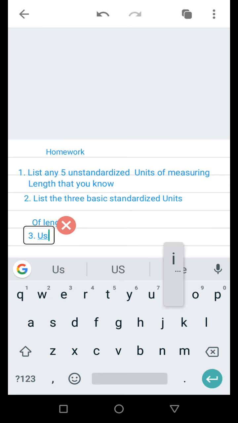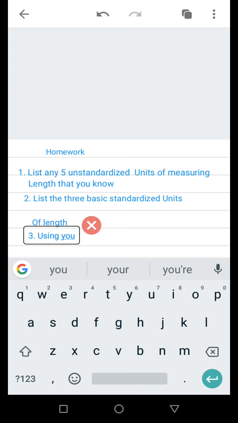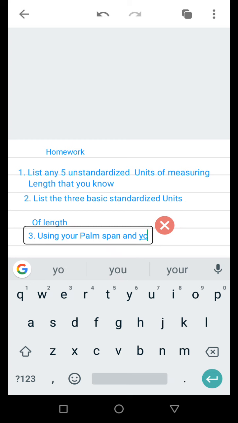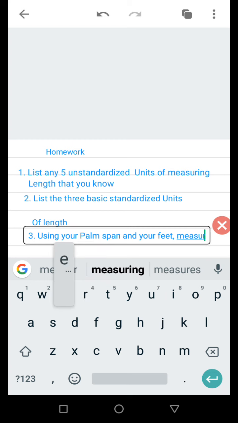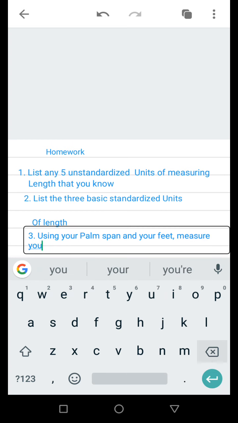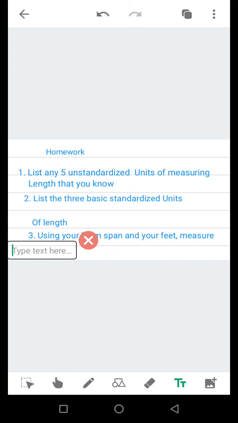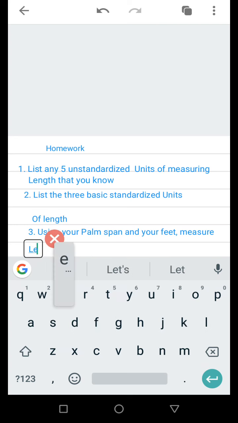Okay, using your palm span and your feet, measure the length of your room.